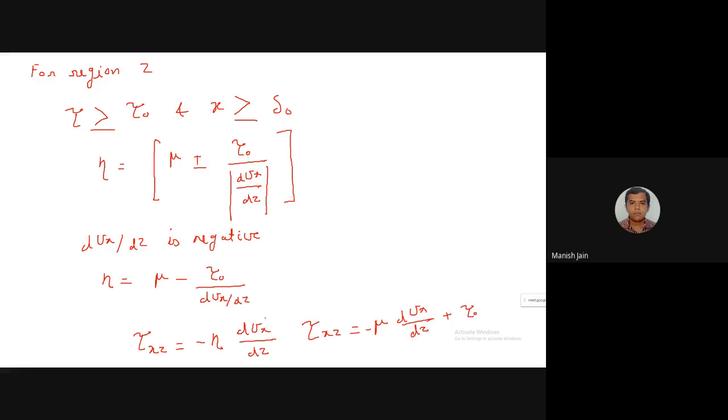These two quantities will cancel out. So this is equation number 3. Equation number 3 is tau xz equal to minus mu dvz by dx plus tau naught.